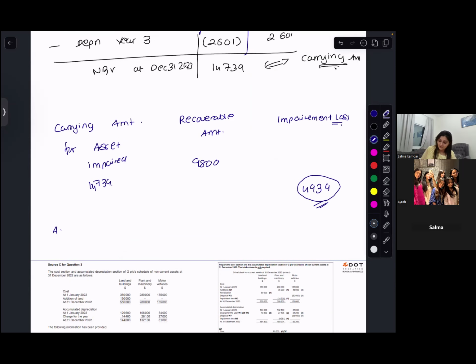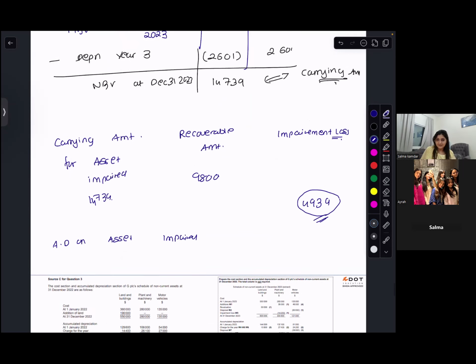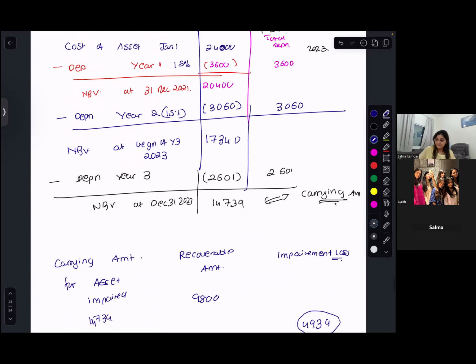Accumulated depreciation on the asset that is impaired. What is the accumulated depreciation on the asset impaired? 3,600 plus 3,060 plus 2,601.